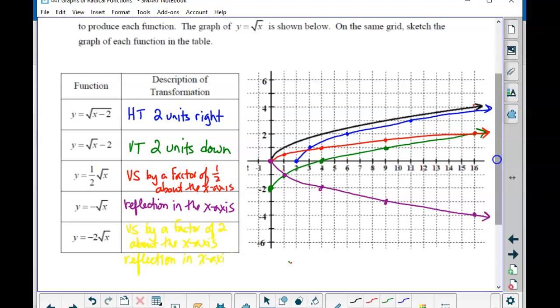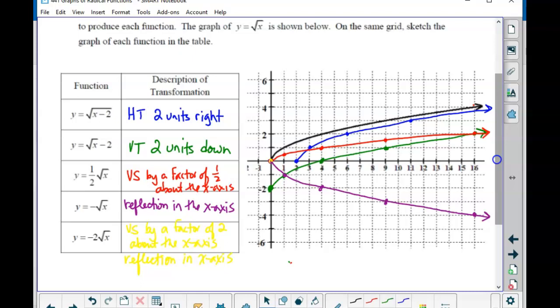Now, when you do this, though, you can find the new point all at once. Really, you're taking your original y value and multiplying by -2.